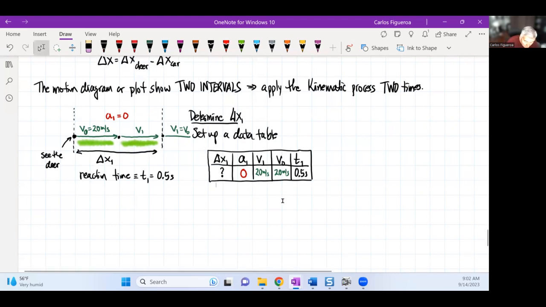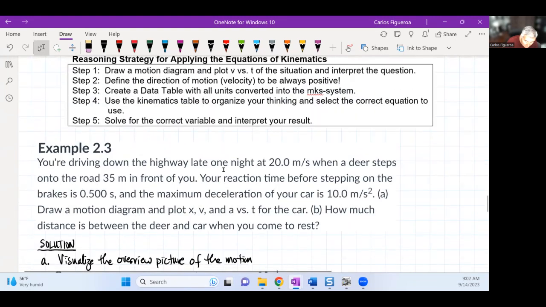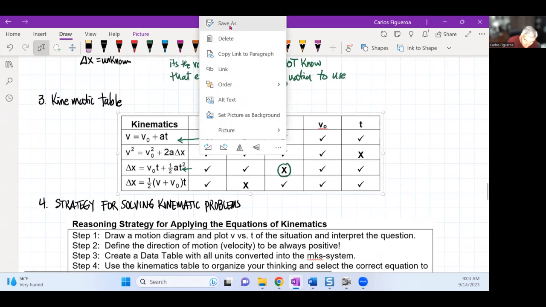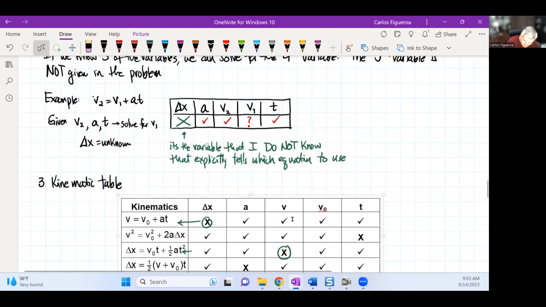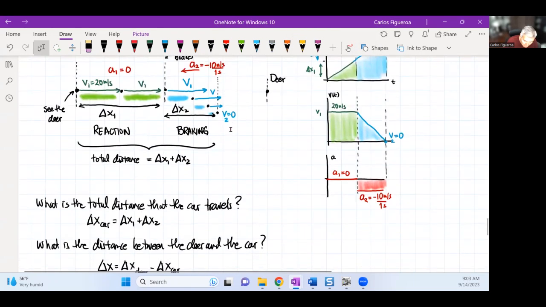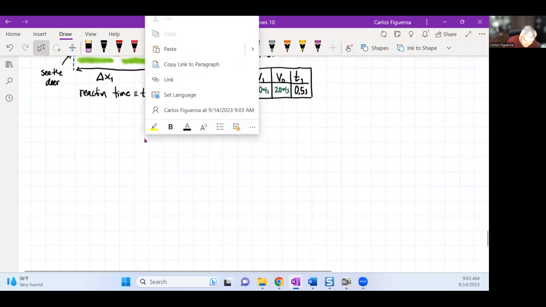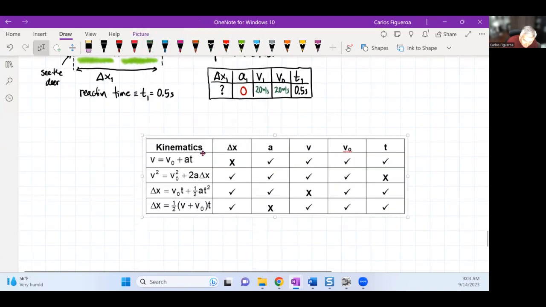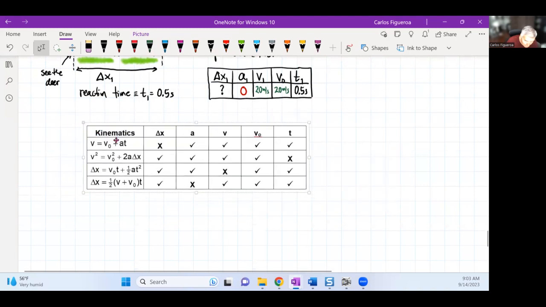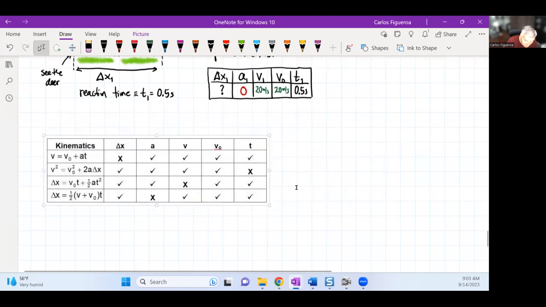So what do I do? I go to the kinematics table. Let me go grab this table right here and bring it down. What you're seeing here is my kinematics table. Now I'm going to use this kinematics table to pick out the right equation.